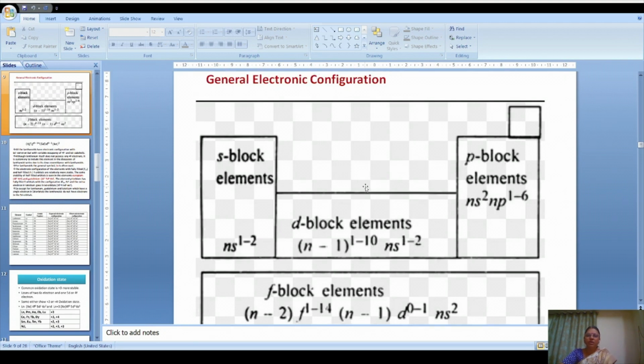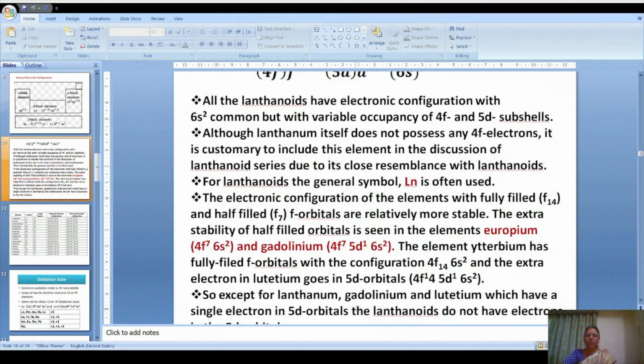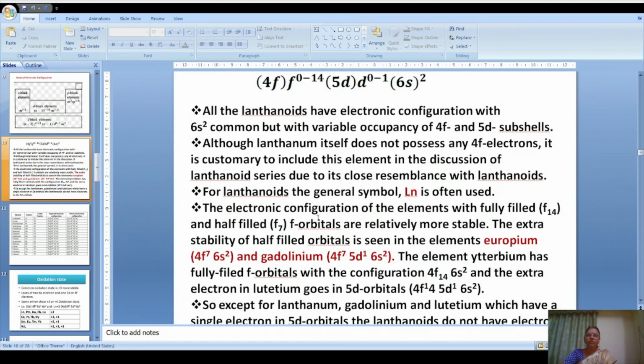Now this is the general electronic configuration. As we have already seen, the f block elements' general electronic configuration is (n-2)f 1 to 14, (n-1)d 0 to 1 and ns2. For lanthanides, it is 4f 0 to 14, 5d 0 to 1, 6s2.